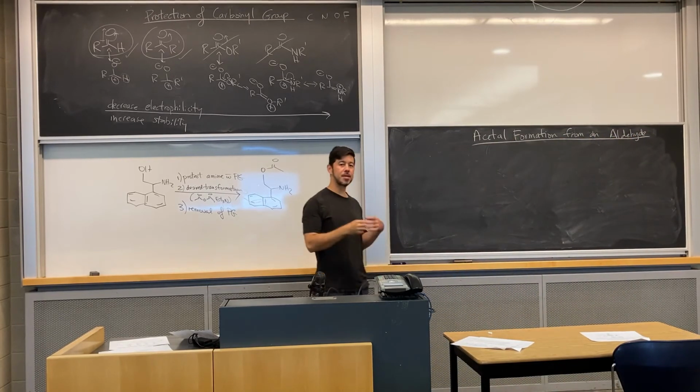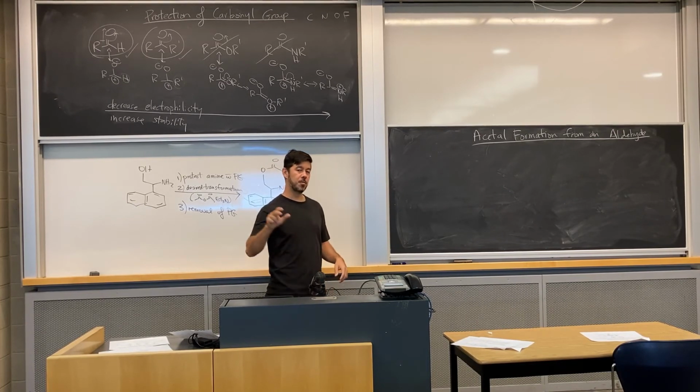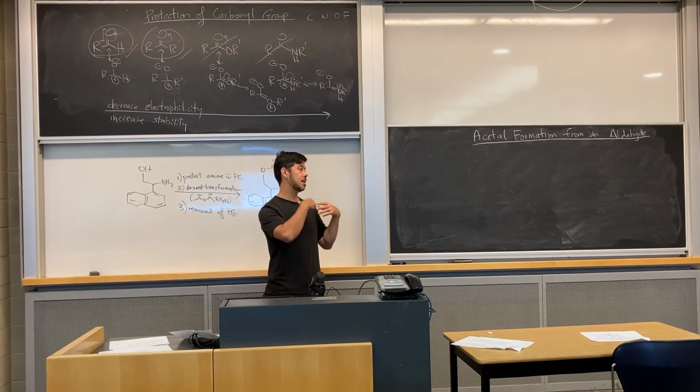Pretend you have a molecule that has an aldehyde, and then there might be an ester and an amide on there, and maybe you want the ester to react with a nucleophile, but you need to protect that aldehyde because it's so electrophilic.